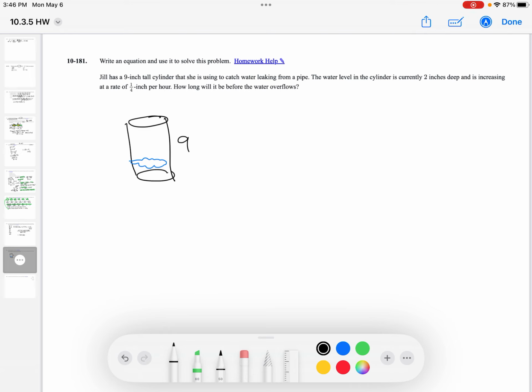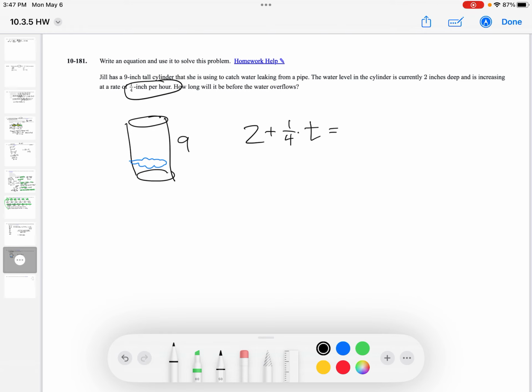Okay, so our starting value is 2. And what's our rate? Our rate is 1/4 inch per hour. If we multiply that rate times the number of hours, that's going to give us our height. And we're curious when it's going to be full.